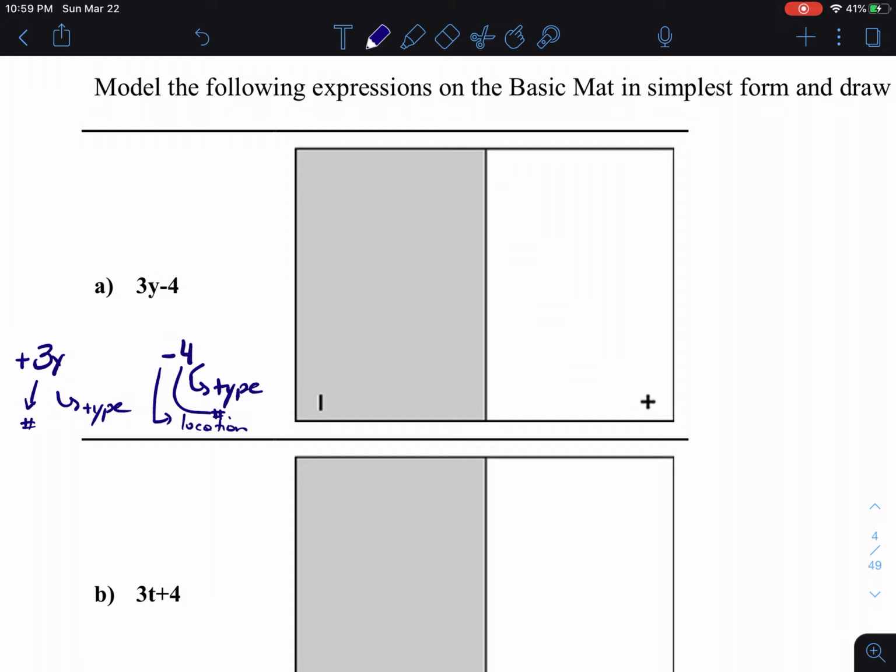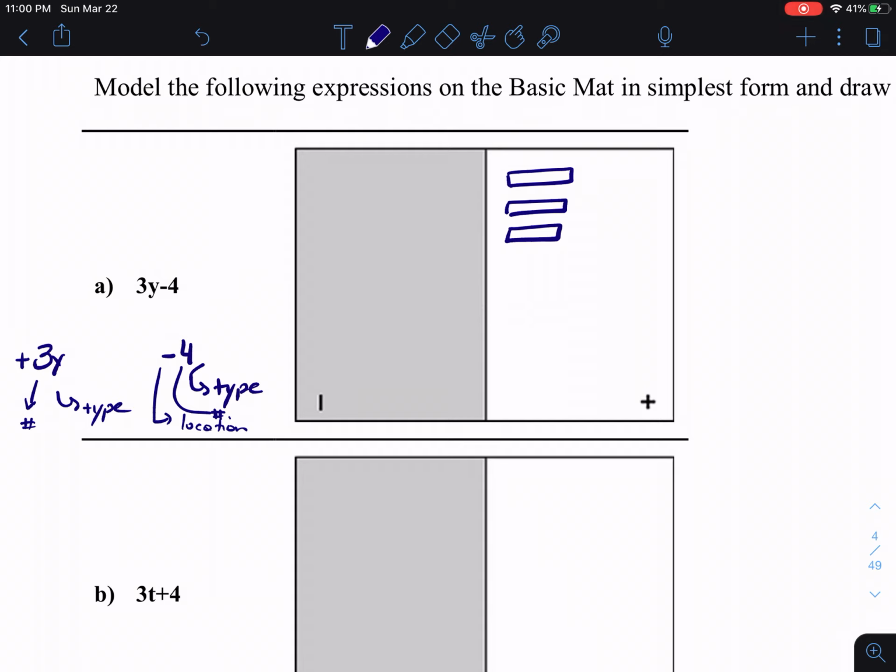So for 3y, let's pick a y. It's positive. If this is our y block, then we need 3 of them. Remember, the fact that it's 3y just means that it's got to be a rod that is a length y. And in the manipulatives, you might choose either a yellow or an orange rod.